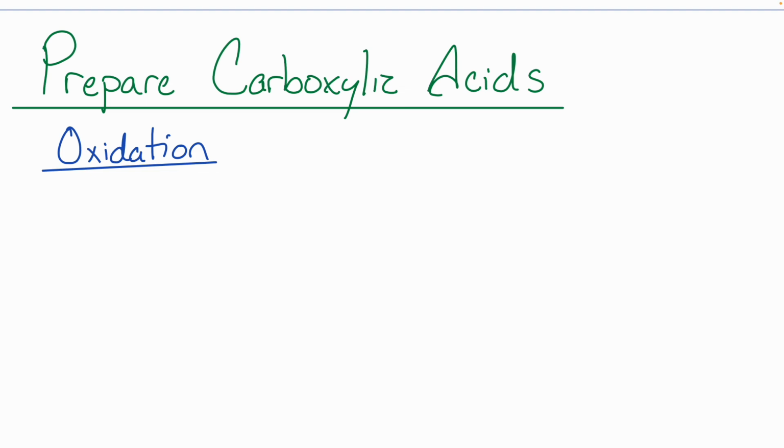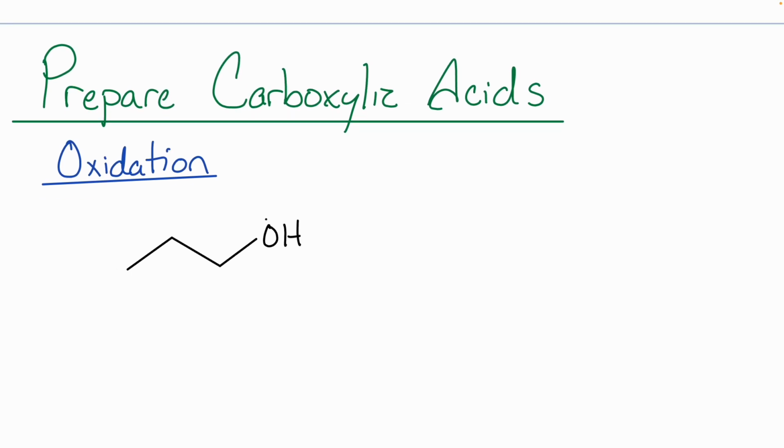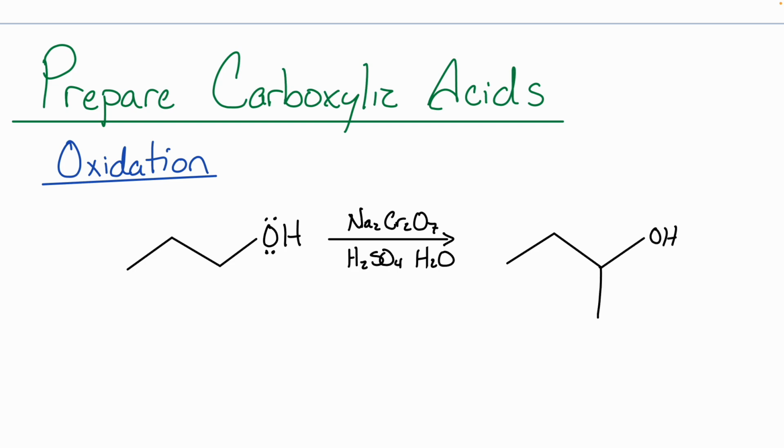All right, if we take an alcohol, for example, remember our oxidation agents, we had two classes. And if we had a strong oxidizing agent, like our sodium dichromate with some sulfuric acid and water, this will fully oxidize that primary alcohol into a carboxylic acid.